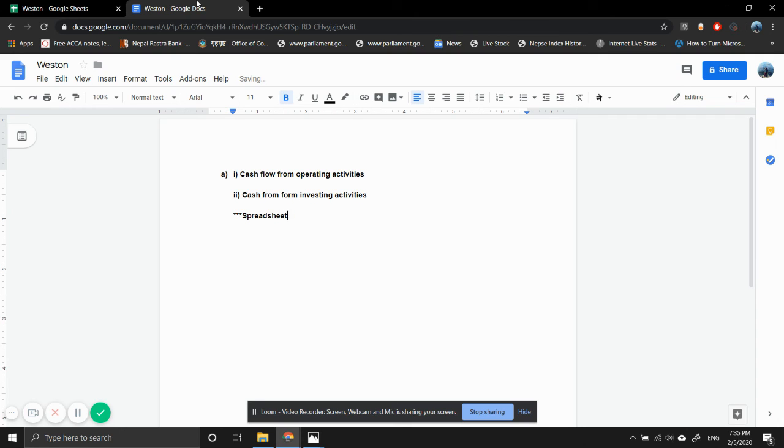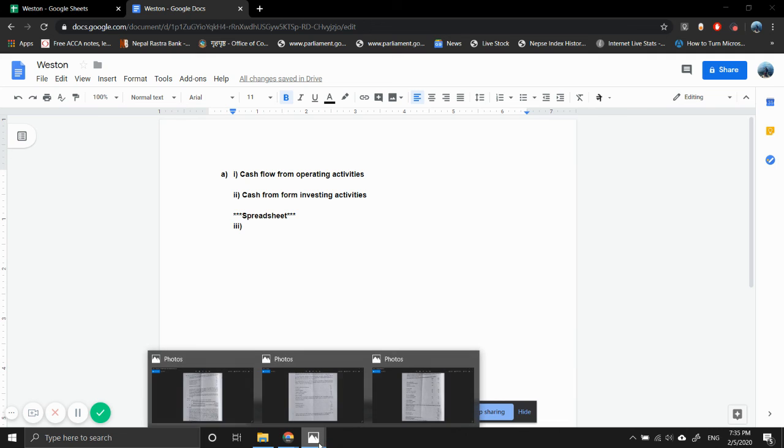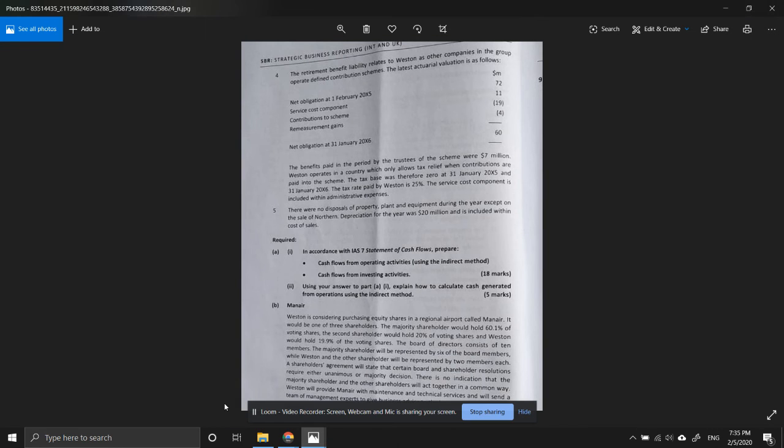Okay, so we will move on to question number 3 after that. The third question is asking us to discuss the indirect method: calculate the cash generated from operations, and explain how to calculate cash generated from operations using the indirect method.